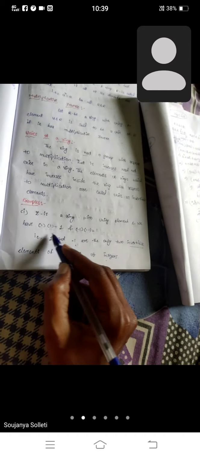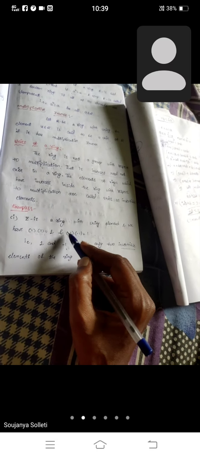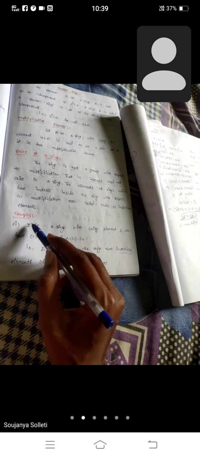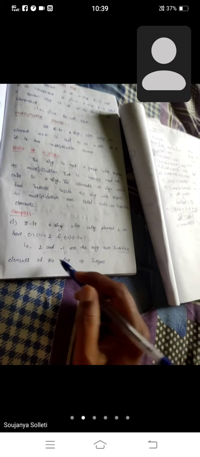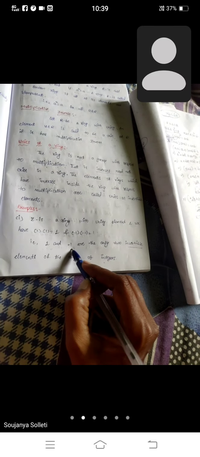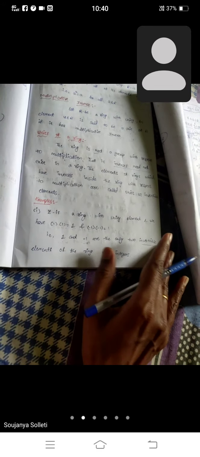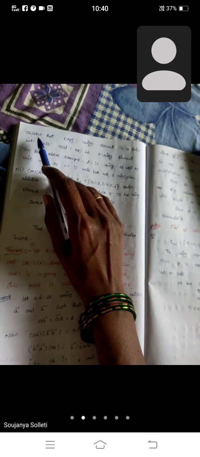So if a unit element exists, then those elements are called the invertible elements. We can assume that Z is a ring, but the invertible elements are nothing but 1 and minus 1 itself. So these two terms are the invertible elements, because I will explain clearly.